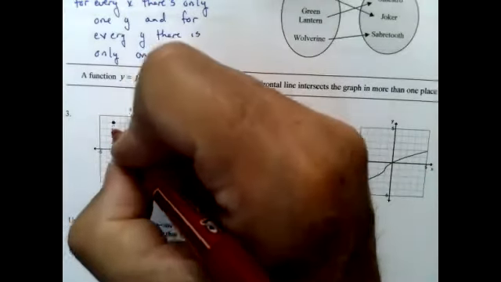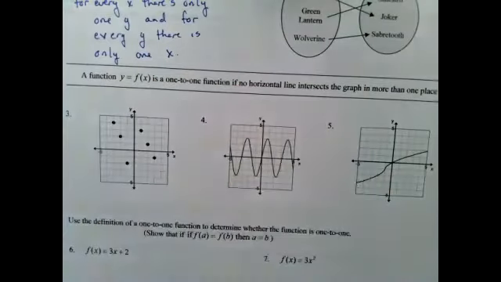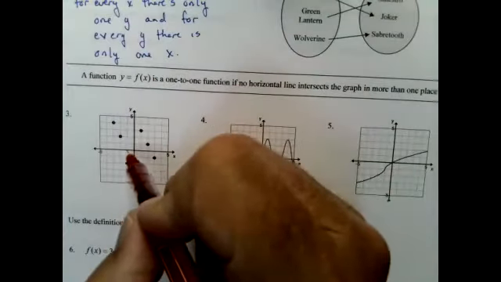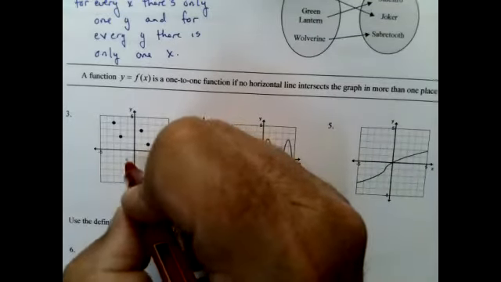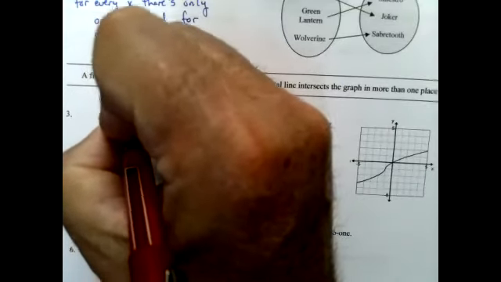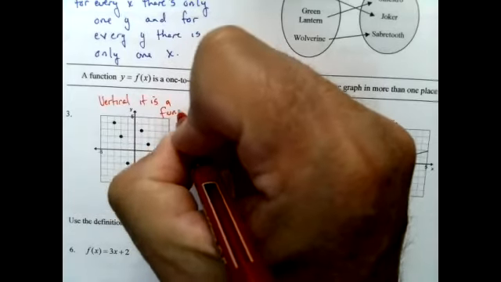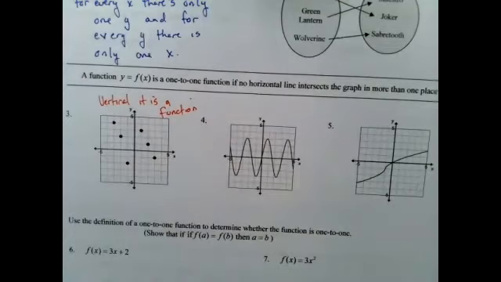And if I look, if I said -3, you only have one y value. If I say -2, there's only one y value. So the vertical line test tells me that it is a function because it passes the vertical line test.